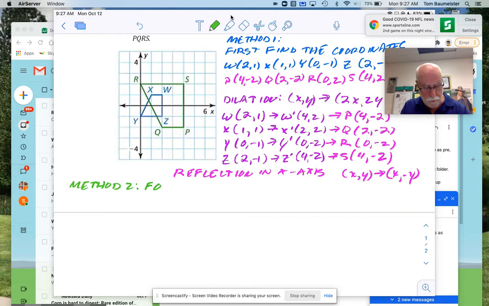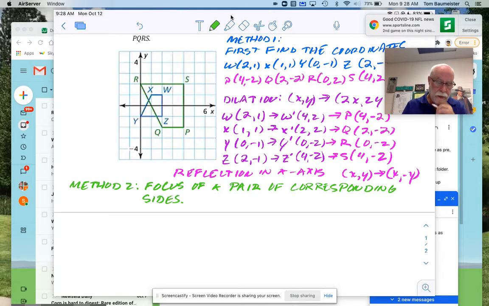So method 2, I want you to focus on a pair of corresponding sides. All right. So the 2 I'm going to focus on is this one here. I'm going to focus on WZ, and I'm going to focus on SP.